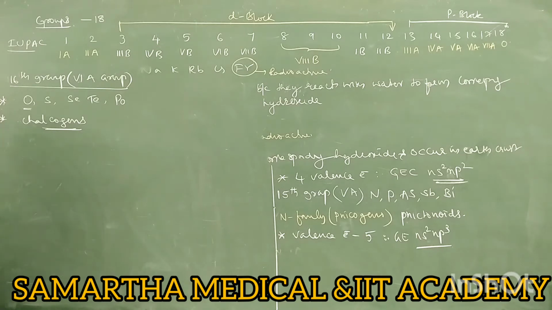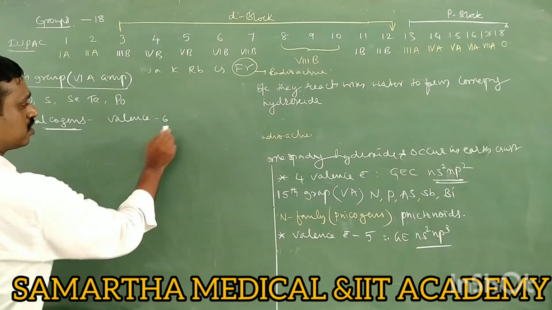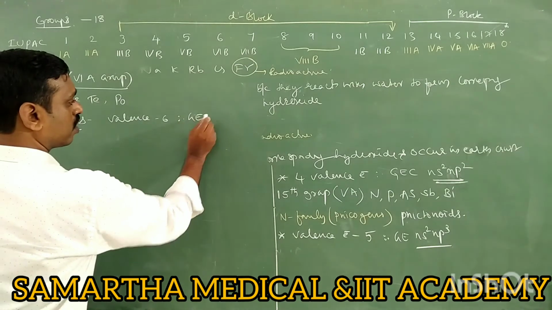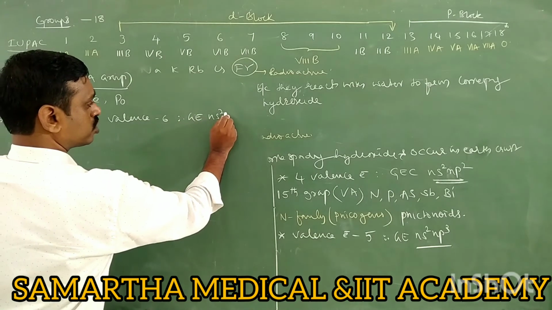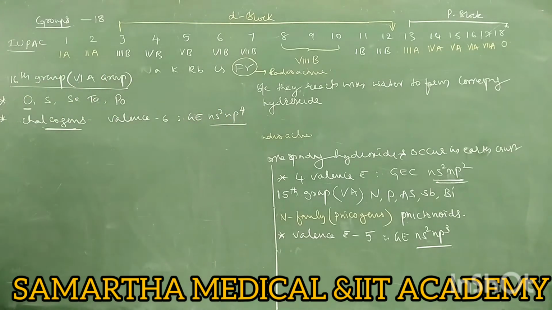Therefore they are called chalcogens, or oxygen family elements. They have 6 valence electrons, so the general electronic configuration is ns2 np4, 2 plus 4 is 6 valence electrons.